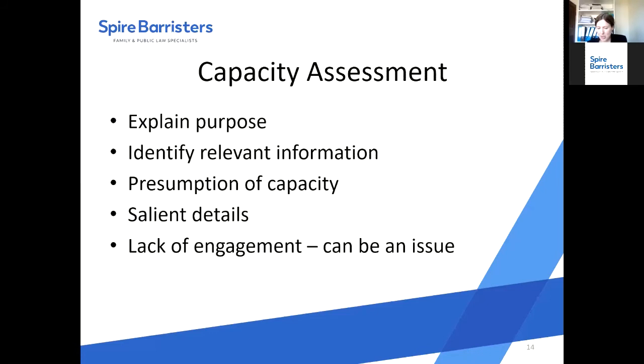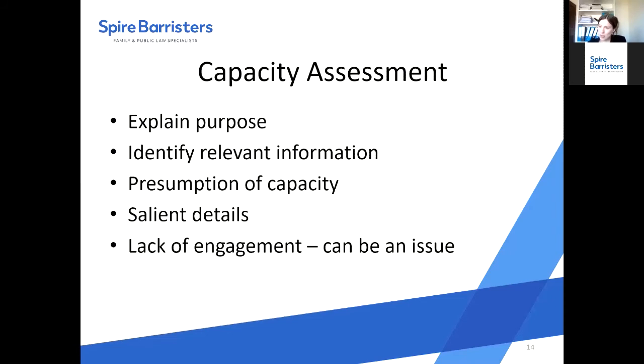One thing just to touch upon in terms of the presumption of capacity is this. I feel like I've seen quite a lot recently statements within capacity assessments like, P couldn't or P didn't demonstrate that she understood. I have a bit of a problem with that, because it's not for P to prove to you that they have capacity. The presumption is that they do have capacity.